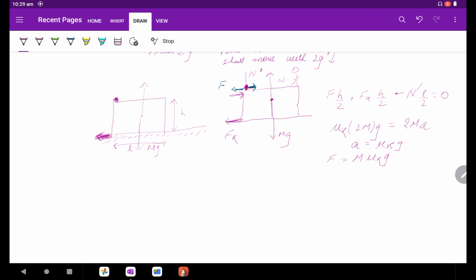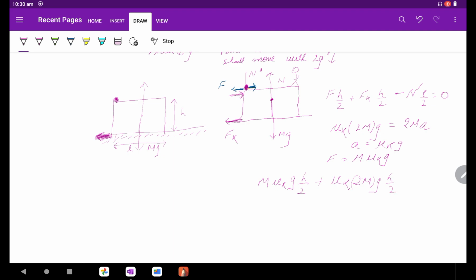Now, placing them one by one in equation 1, we get m, the mass, mu k into g, h by 2, plus mu k into normal. Now normal from the ground will be equal to mg plus N prime, which again is twice of mg, into h by 2.